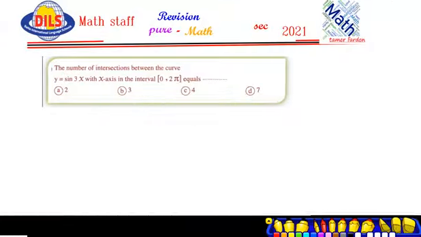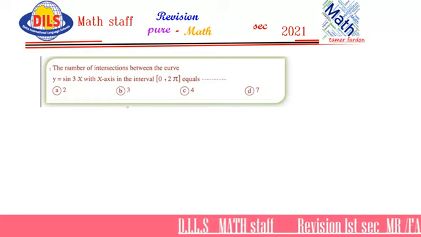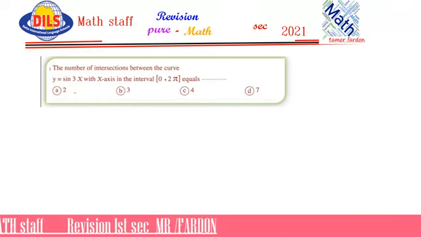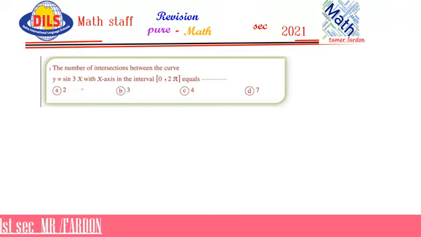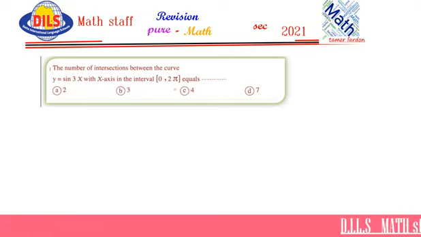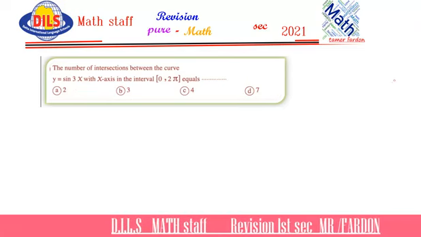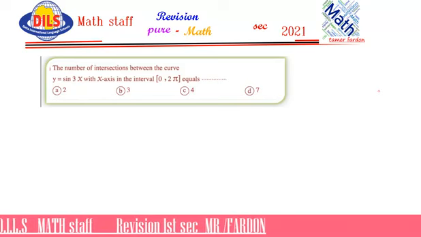Another exercise: the number of intersections between the curve y equals sine 3x with the x-axis in the interval from 0 to 2 pi equals what? High level problem.